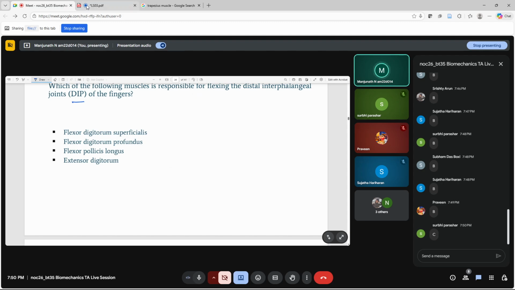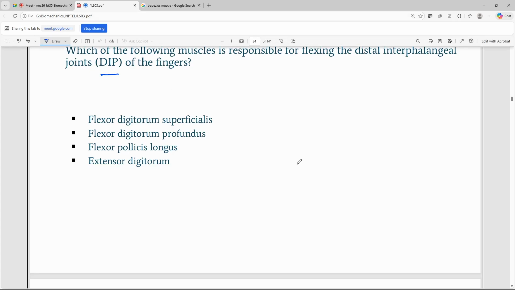If you remember the videos, there are two flexors and one extensor. So here the question is giving itself one hint, the flexing of distal interphalangeal joints. So in the options there are three flexors and one extensor. So you only have to choose between three flexors.